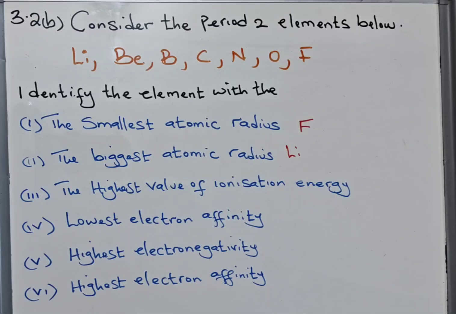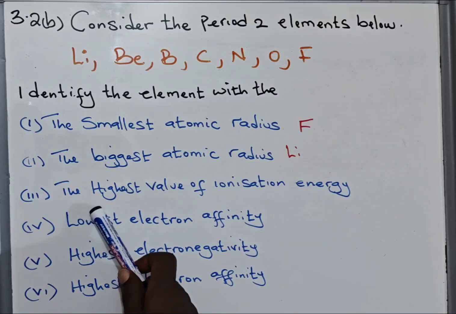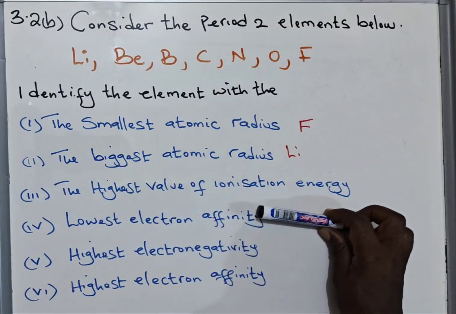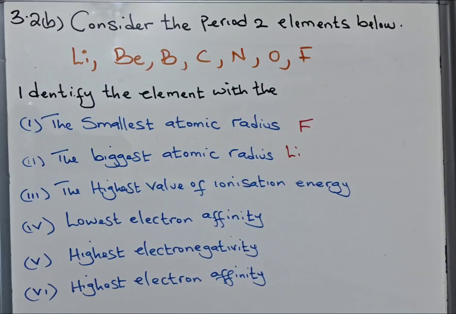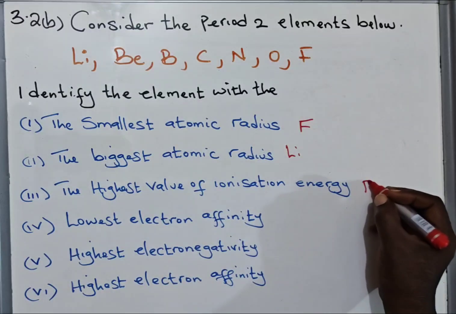Reason being that when the atom is smaller, electrons are tightly glued to the atom, so they are not easily removed, implying that it will require a lot of energy. So the one with highest ionization energy must be the smallest, and that comes to fluorine.